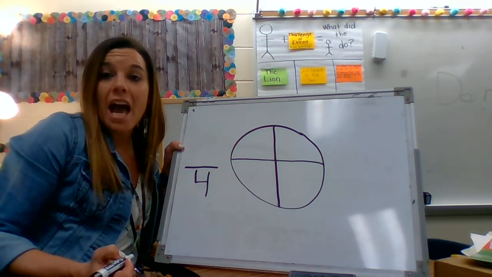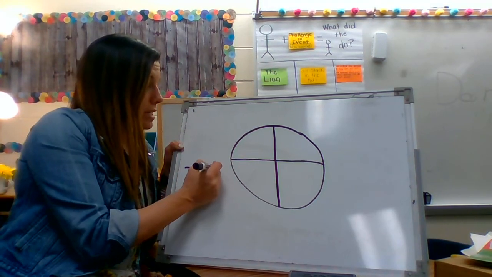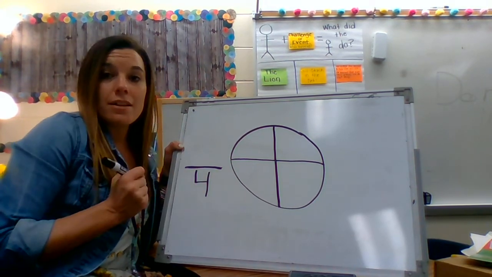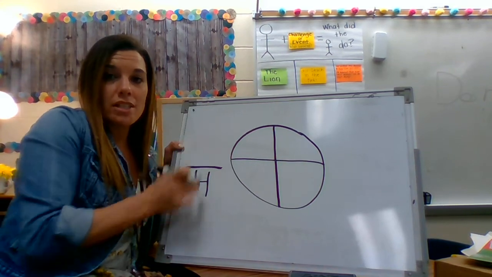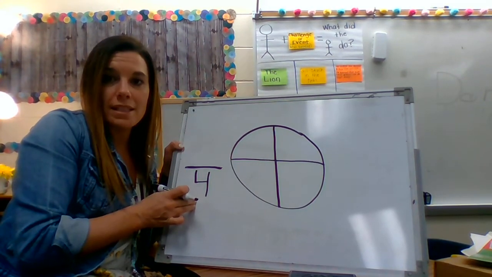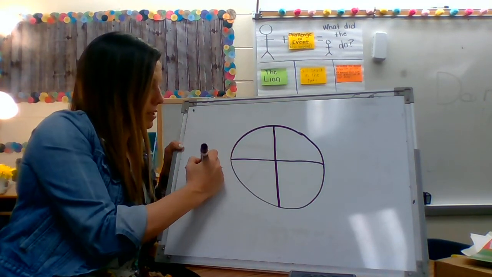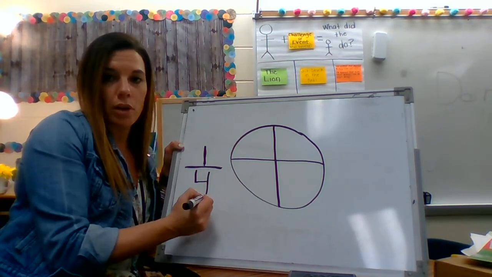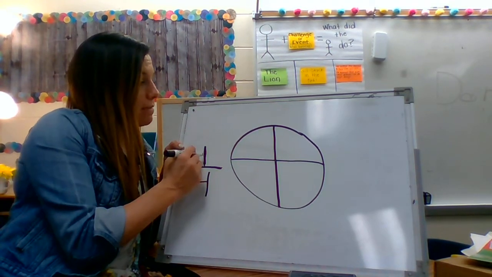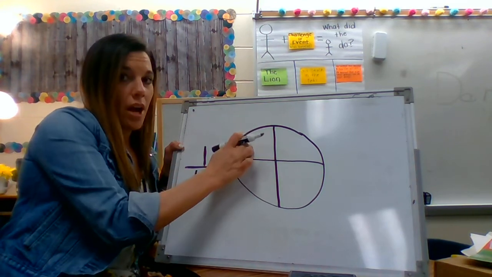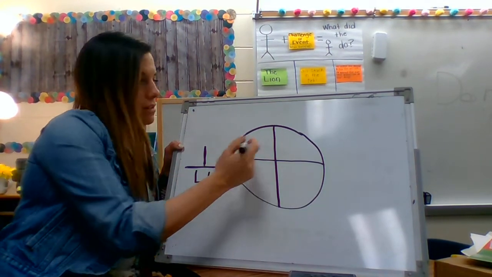Okay. Now, the numerator on top tells us how many parts of the denominator. So for example, if I put a 1 here, this fraction is 1/4, which means I'm going to shade in 1 of these 4 parts.